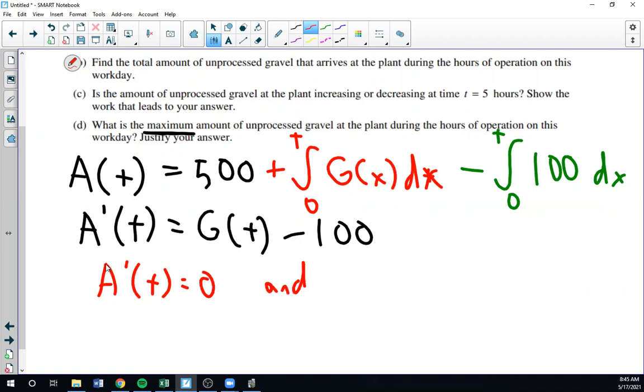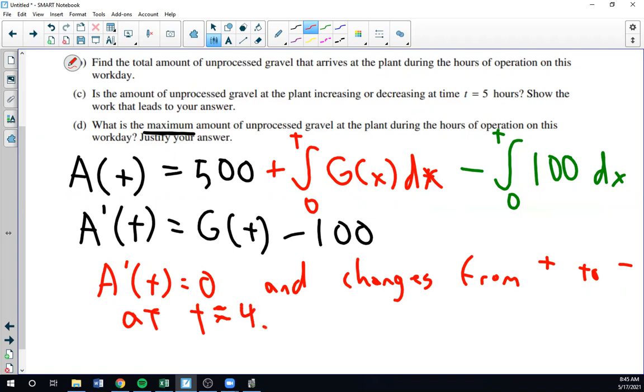And not only that, but it changed from positive to negative. That's a good candidate for a maximum. At t is approximately 4.923.